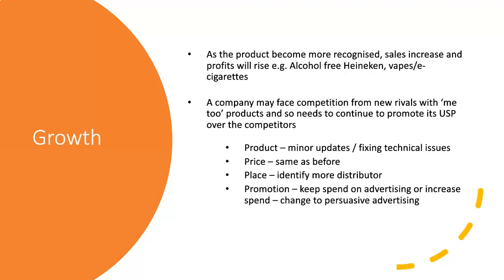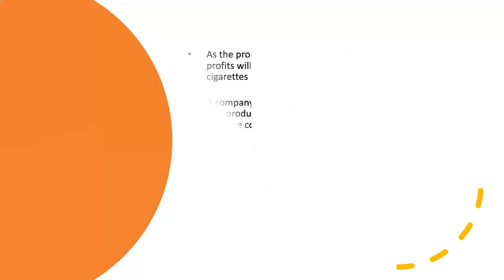Product, minor updates, fixing technical issues. Price, same as before. Place, identify more distribution in the growth model. And then promotion, keep spend on advertising or increase spend, change to persuasive advertising. So that's how you manage growth in the product life cycle model. Move on to the next stage.